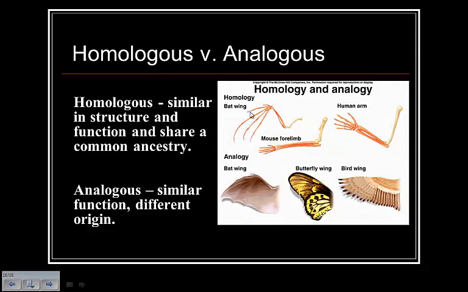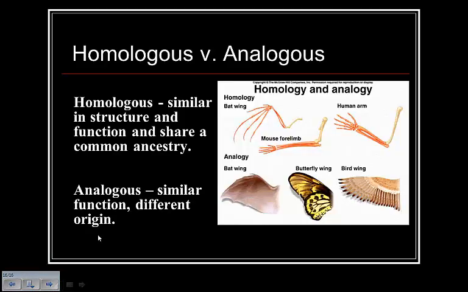This can be used for flight, this can be used for grabbing, it can be used for lifting, whereas analogous structures have a similar function, so they're all used for flight, but possibly different structures, sorry. Okay, so that's it there.